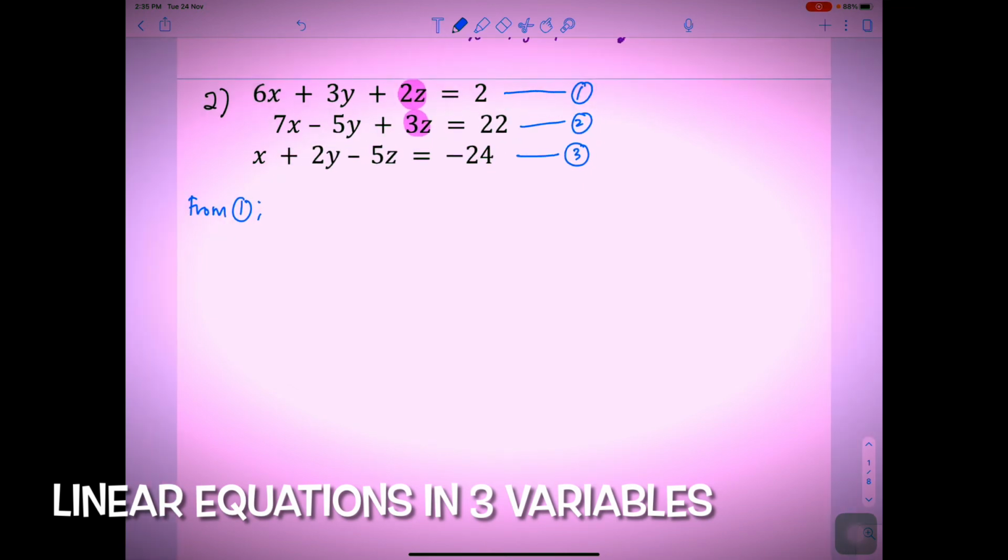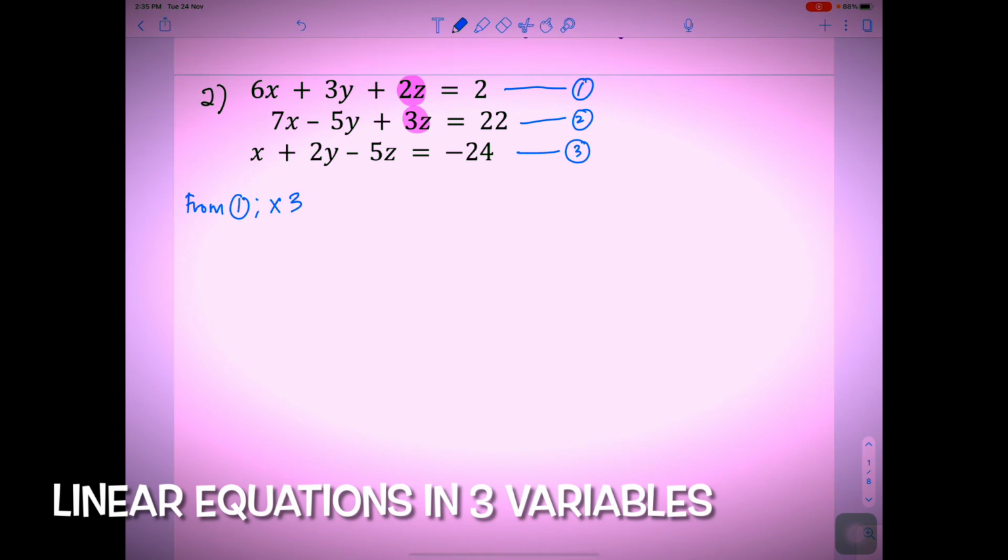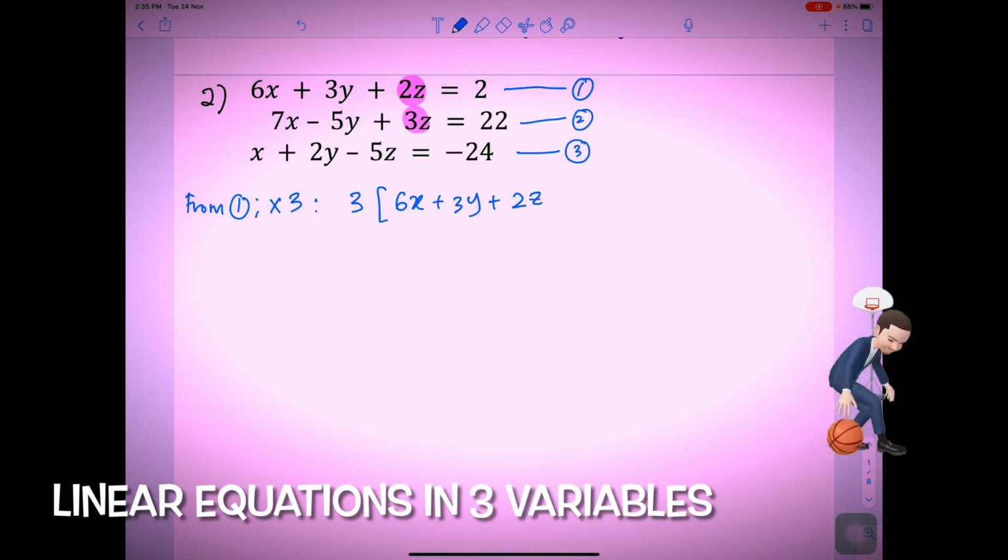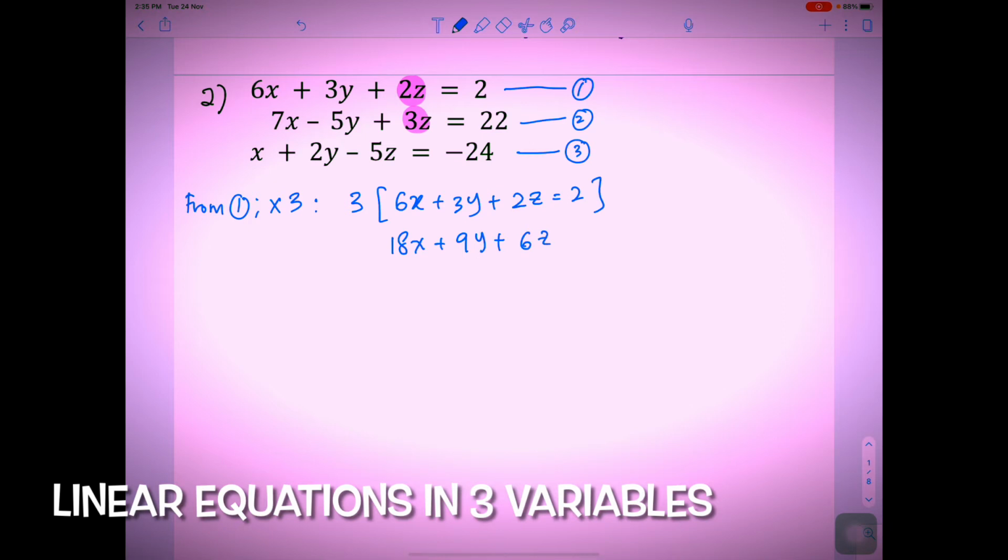Therefore, equation 1 times 3. So 3 times 6x plus 3y plus 2z equals 2. Expand, so we get 18x plus 9y plus 6z equals 6, and we name it as equation 4.